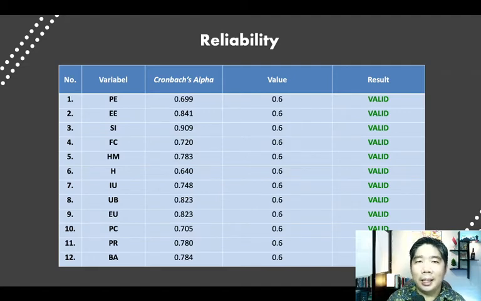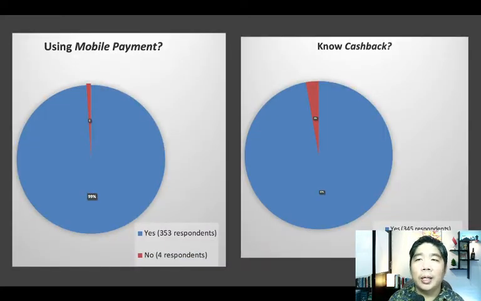Okay, and then about the mobile payment, the respondents in this survey were all mobile payment users who took advantage of mobile cashback programs. After the questionnaire was distributed both online and on paper, a total of 357 questionnaires were returned, indicating that the respondents answered and returned all the questionnaires distributed.